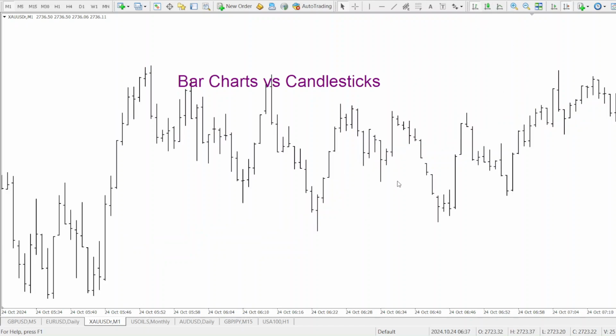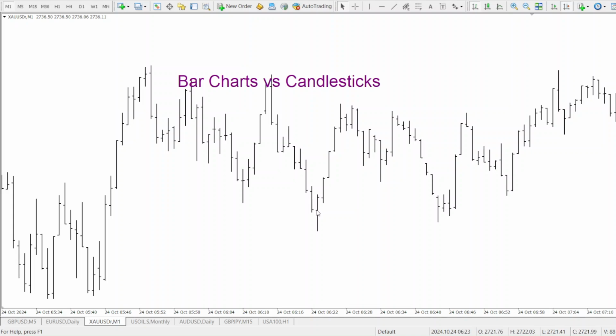Each bar displays four key price points: the open, the high, the low, and the close. As you can see, it's indicated on the bars.